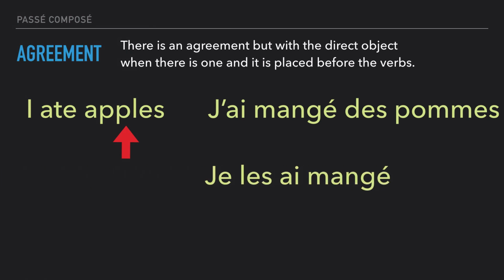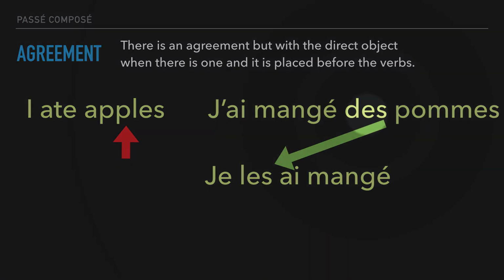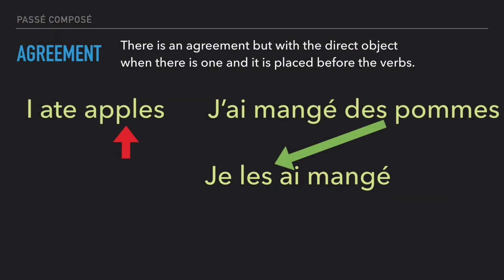Let's see now if you want to replace pomme, which is plural and feminine in our example, with a pronoun. This pronoun will be les, which is also feminine and plural. Okay? In this example, now it is before our verbs. Je les ai mangées.